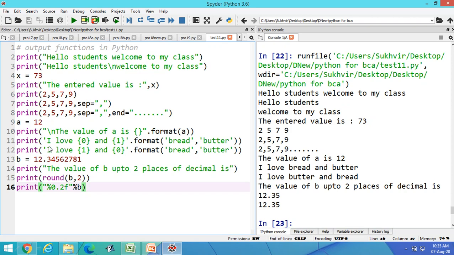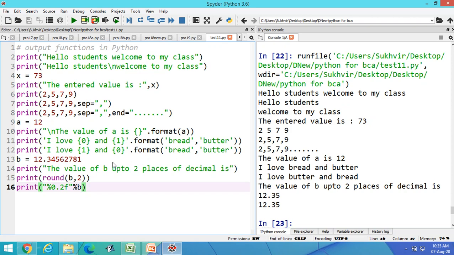Suppose I write "I love", then 0 inside curly braces and 1 inside curly braces, dot format, then bread and butter. As per the address of an array, the first value comes at location number 0, and the next value at 1, then 2, 3, and so on in series; you can print the values.